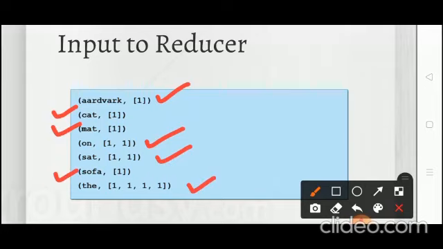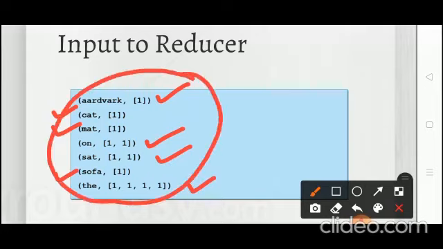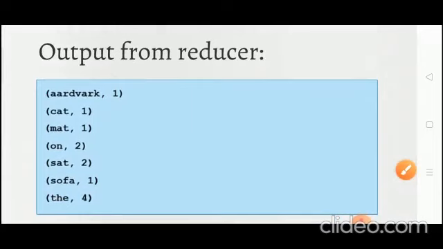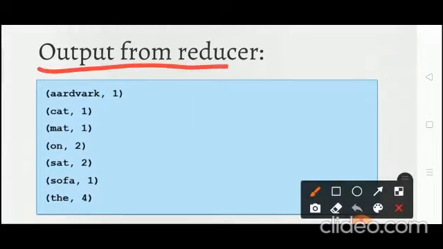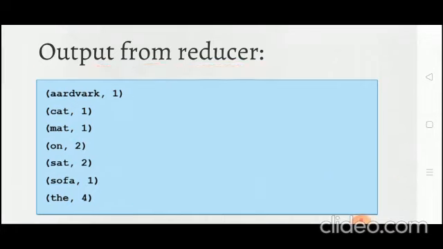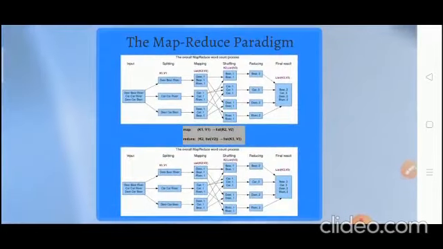At the end, the reducer will simply sum each and every number, and that will be the output from the reducer. Now you can understand that it is 1, it is 2, it is 2, and it is 4. So likewise, map will assign the task and the reducer will finally perform the operation that we want, which is summation. So that's the beauty of map and reduce.